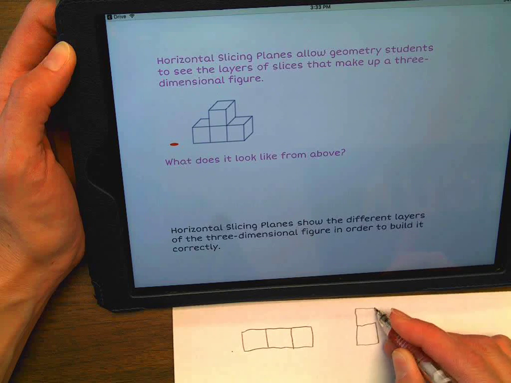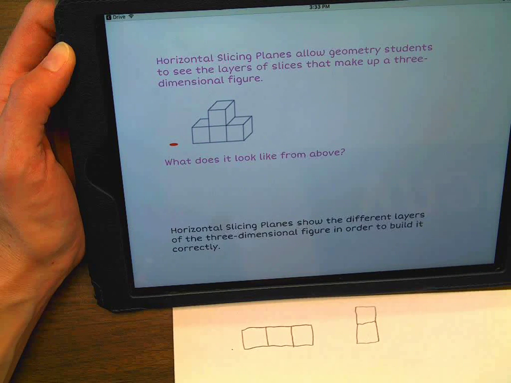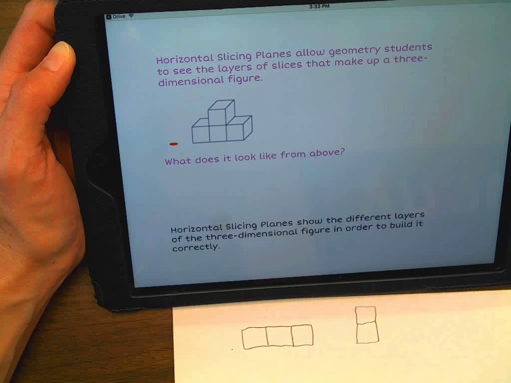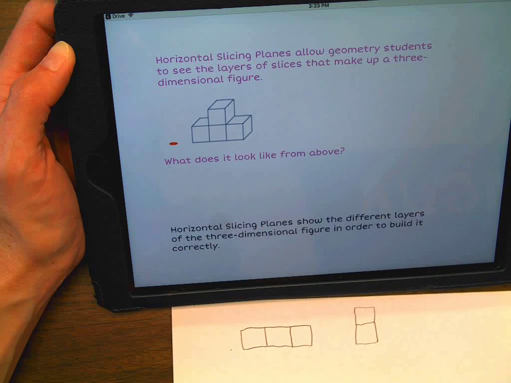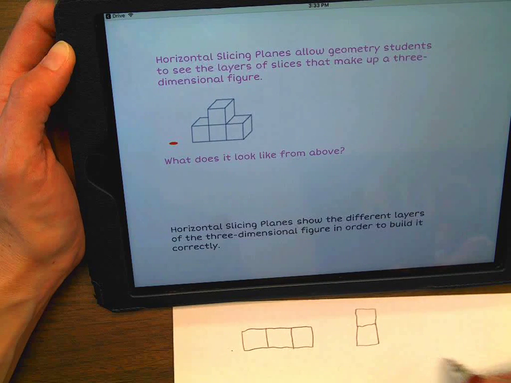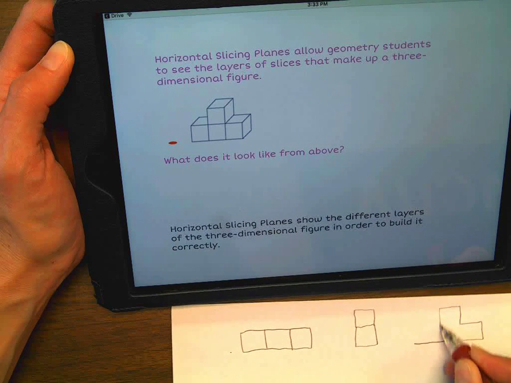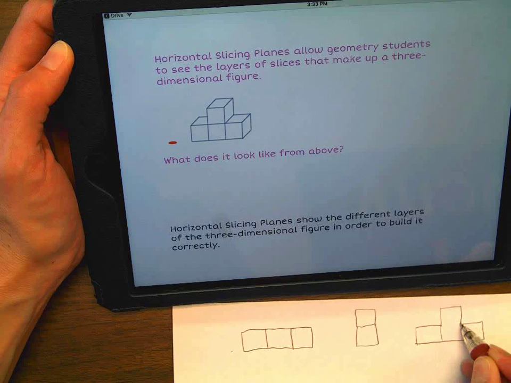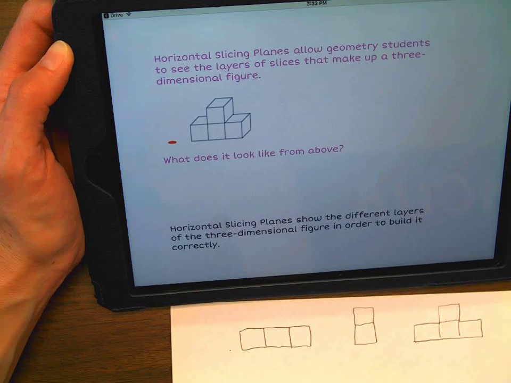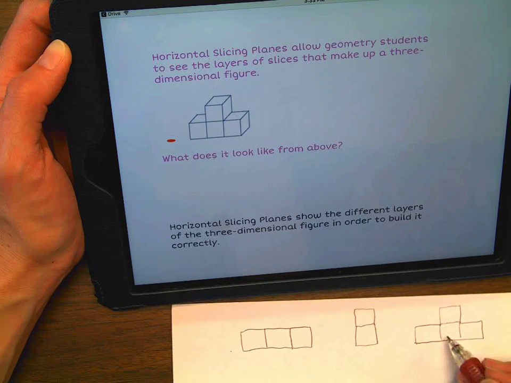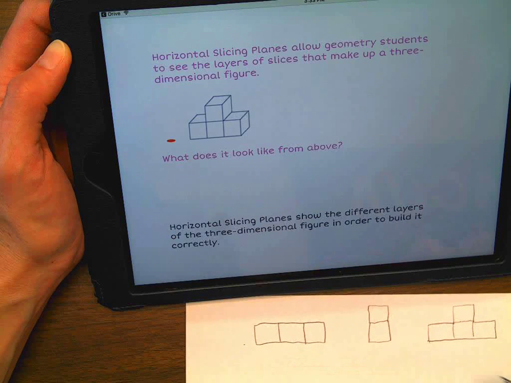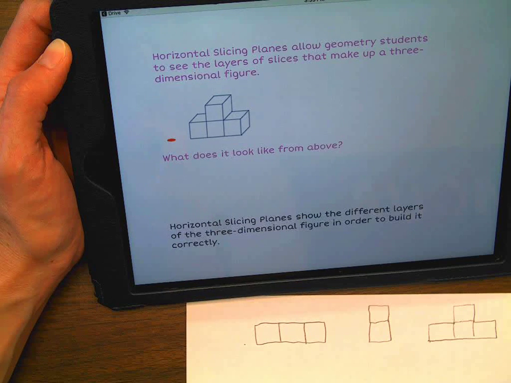I'm thinking our view would look something like this from the right side, and it would also look like that from the left side. What does it look like just from the front? Just from the front, it would look like this. If we take all of these pieces and put them together, then we can make the 3D figure that it was built by.